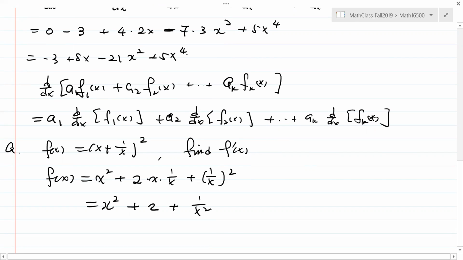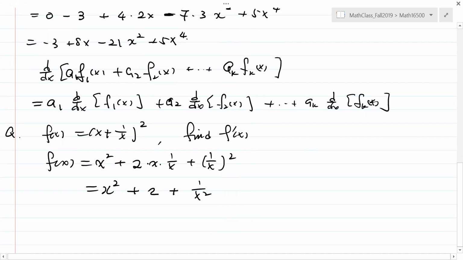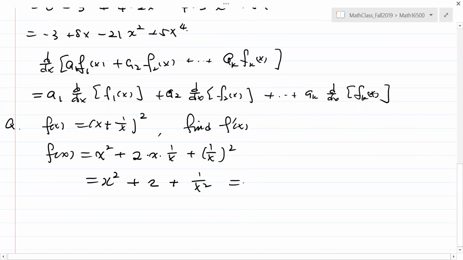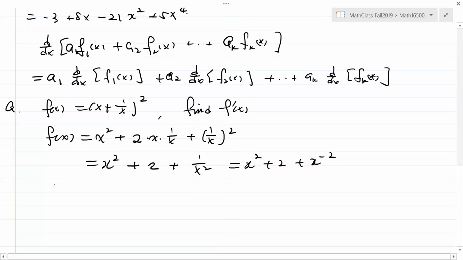Now this becomes a sum of power functions, more precisely x squared plus 2 plus x to the negative 2. So now for the derivative of this function, you have to differentiate each term.